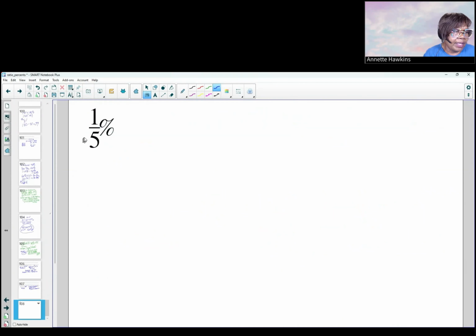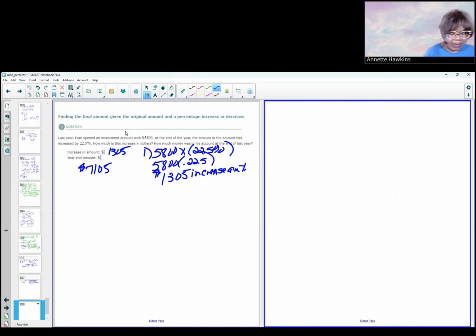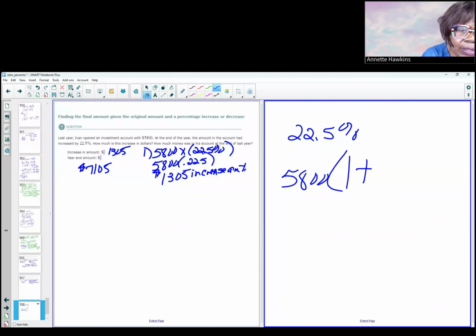Okay. And so typically what we do when we're teaching these finance classes, and the same thing if you're getting a raise. So if it increased 22.5%, we would say 5,800 times 1 plus 22.5%. Now, what does the 1 represent?